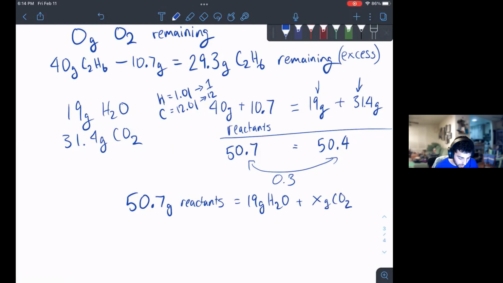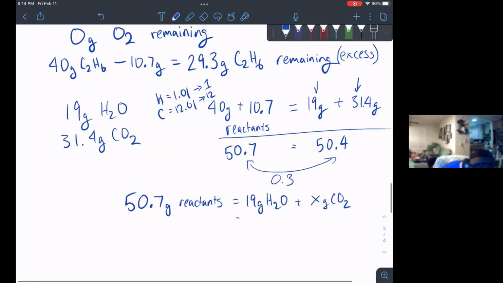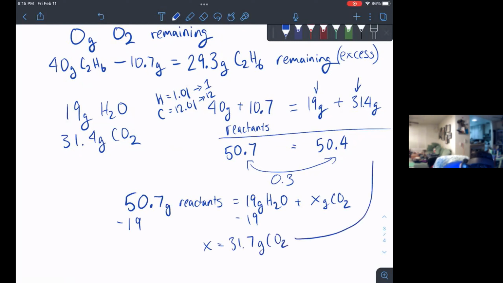Well, it turns out I can probably just do a little bit of cheeky math and just subtract 19 from each side. And I should get somewhere in the range of X being equal to about 31.7 grams CO2, which is pretty close to what we calculated of 31.4. So with that said and done, that's limiting and excess.